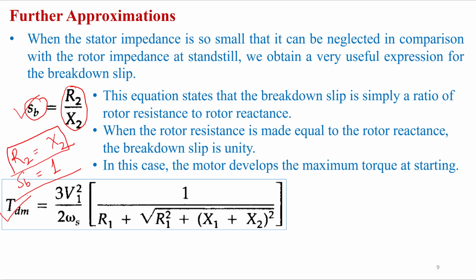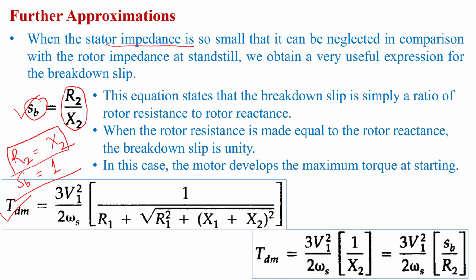Now if we simplify the torque equation considering the small impedance in the starter, we'll find this expression. Neglecting R1 and X1, we'll find T_dm, the maximum torque expression, as 3V1 square by 2 omega s into 1 by X2.